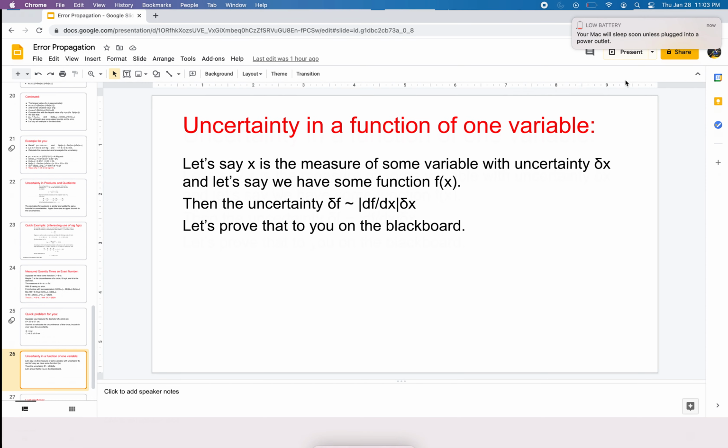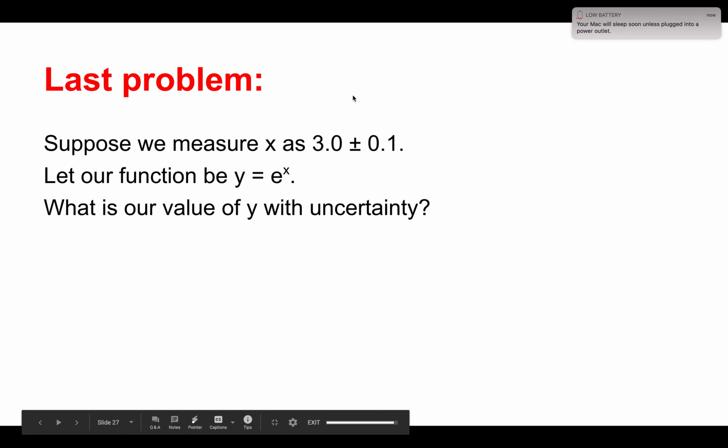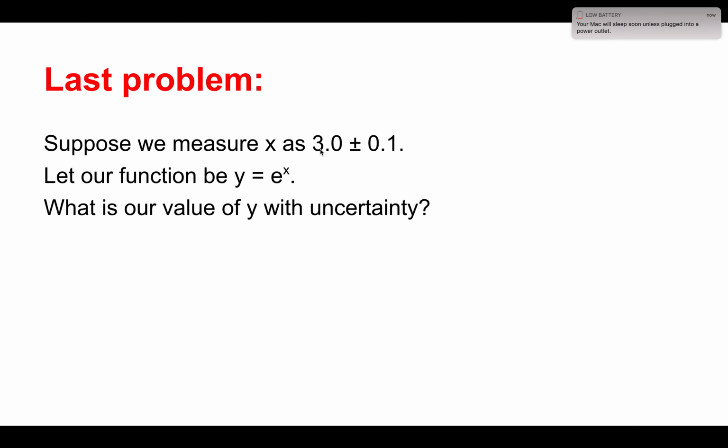One more slide. As an example, let's say we have y equals e to the x, and let's suppose x is 3 plus or minus 0.1. Let's find the value of y with uncertainty. You can pause it and try it on your own.